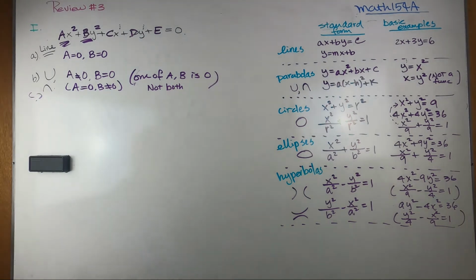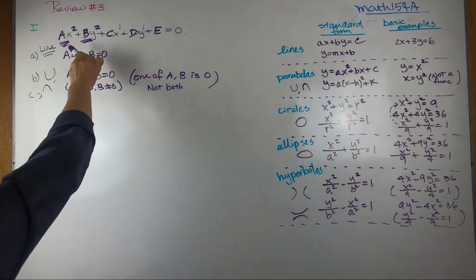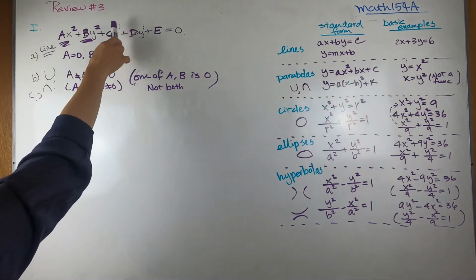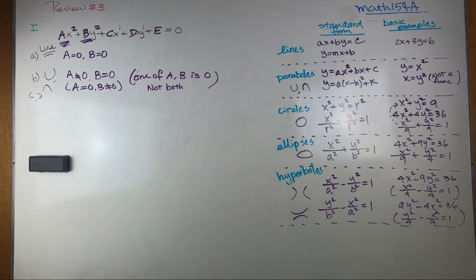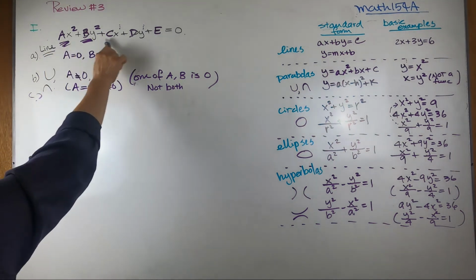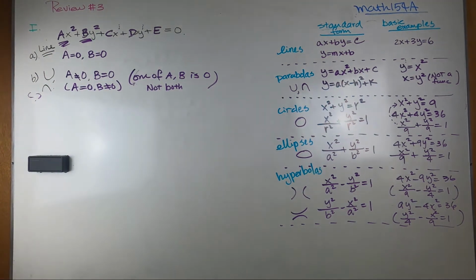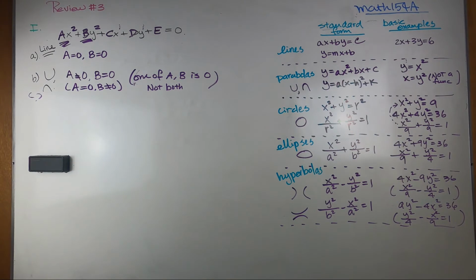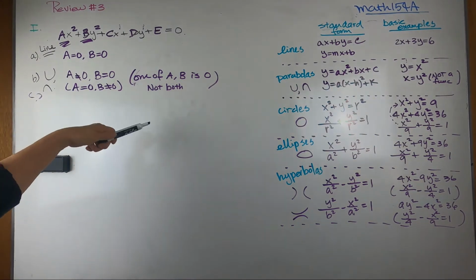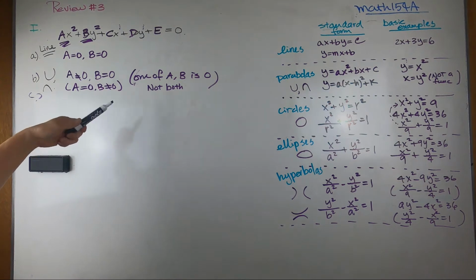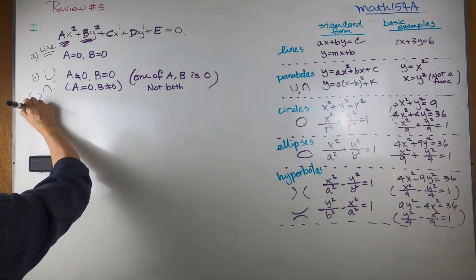That's the condition. When you have these equations, a bunch of x squared, y squared, and xy, then A and B, just one of them is 0. Okay, not both. So if we write this one equation, then depending on the A and B conditions, you can decide, okay, do I have lines or do I have parabolas?